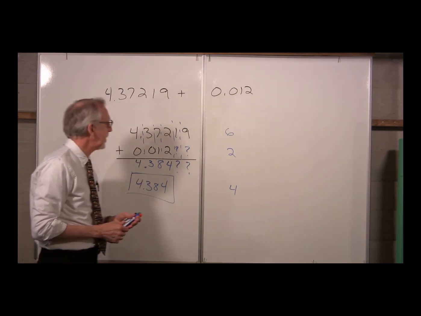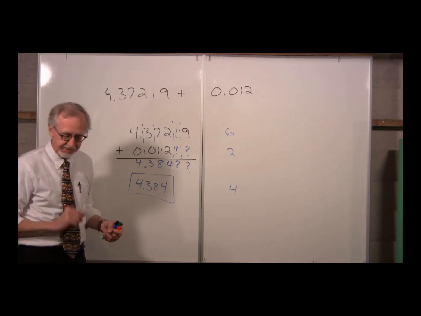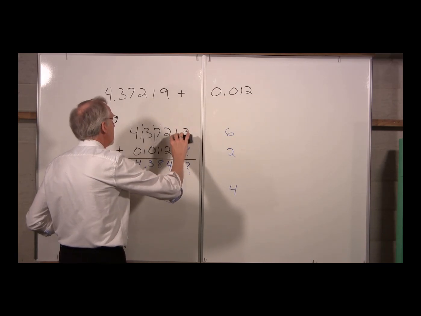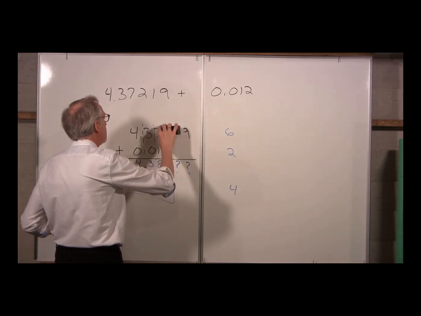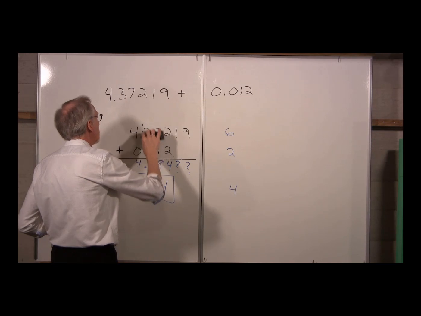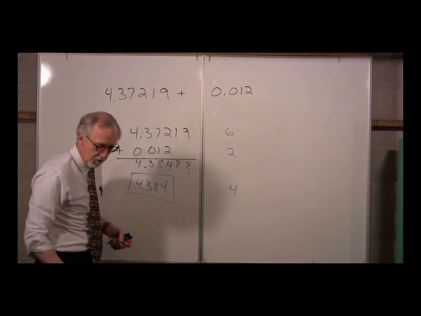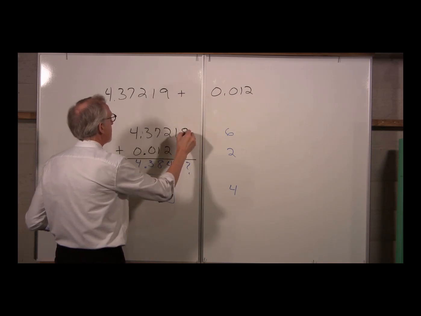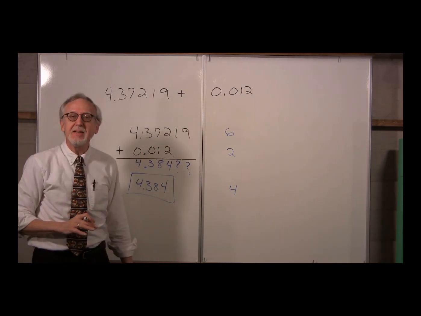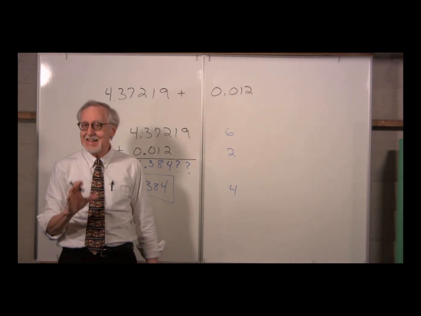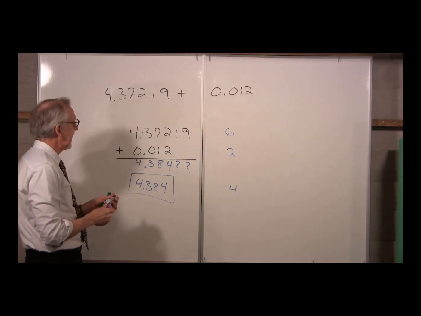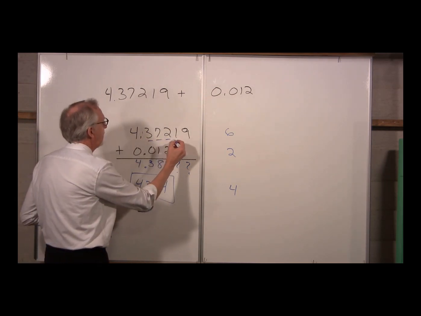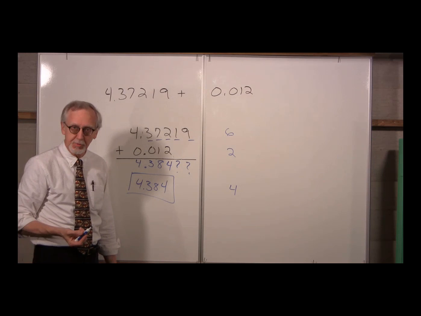What we can do is count up the decimal places. What we do in this case is we count up decimal places. So, in this case, 4.37219 has 1, 2, 3, 4, 5 decimal places.